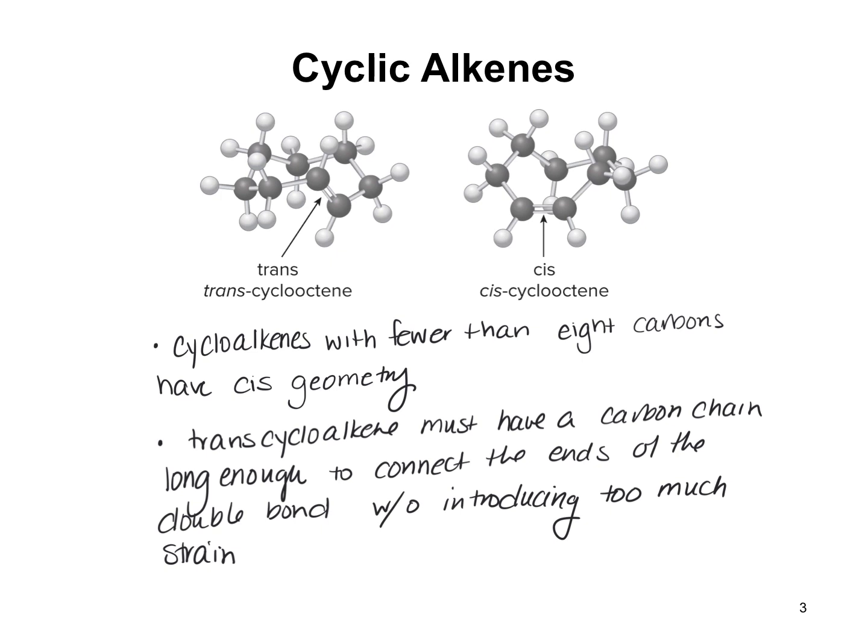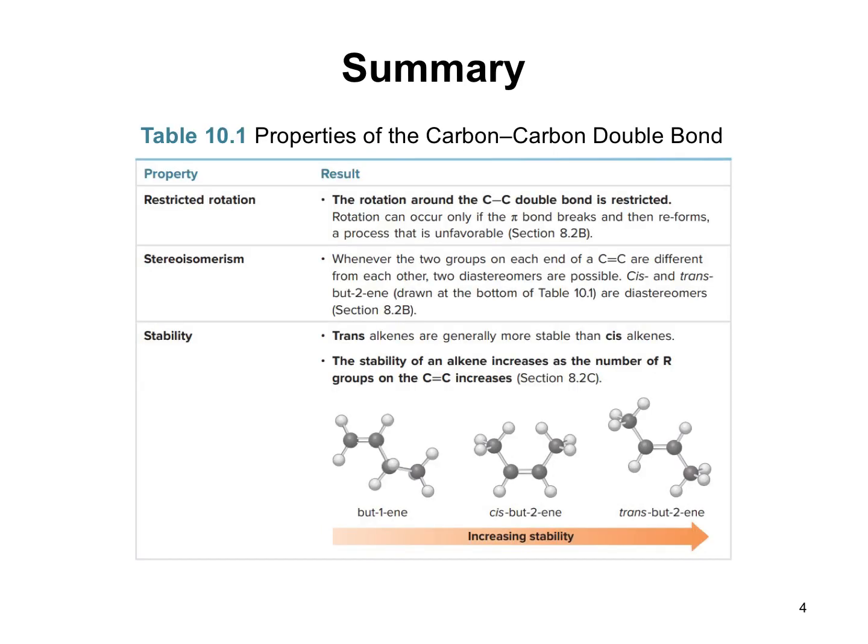Okay. Now, let's look at a summary. Here is just a summary of the properties of carbon-carbon double bonds. We have talked about these properties before, but I do like just for us to review them really briefly. There is no rotation around that carbon-carbon double bond. It's restricted. And so because of this, we name two diastereomers as cis and trans, right?